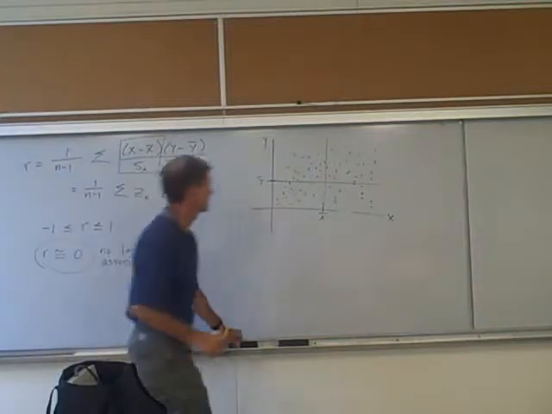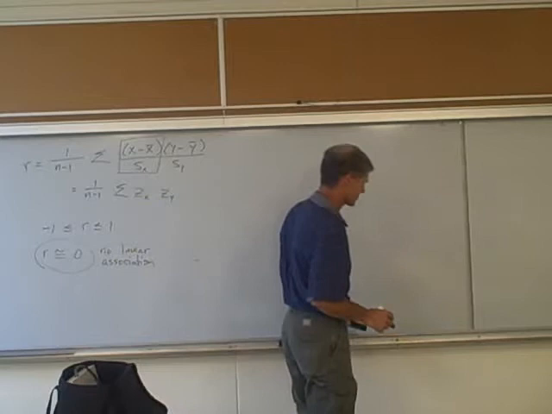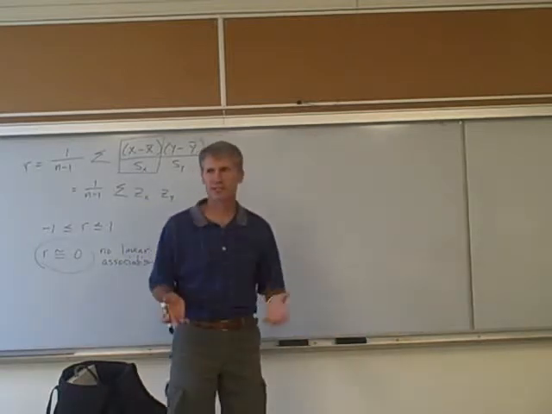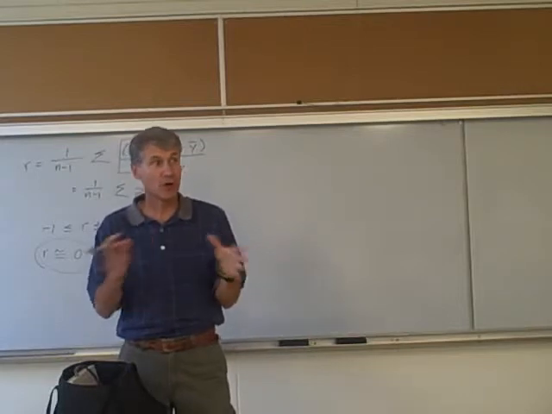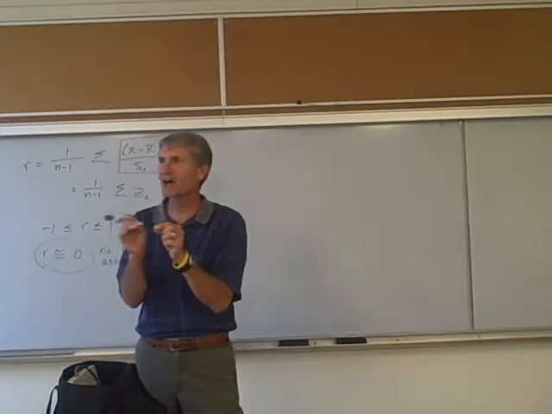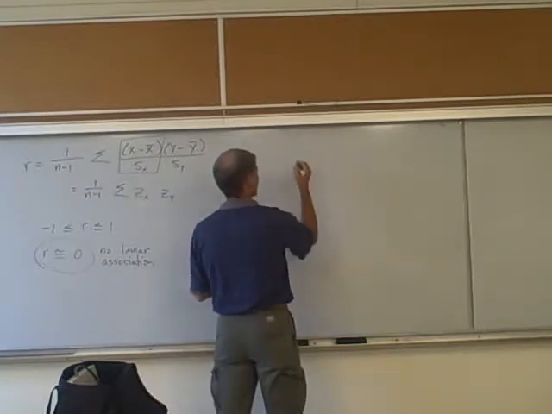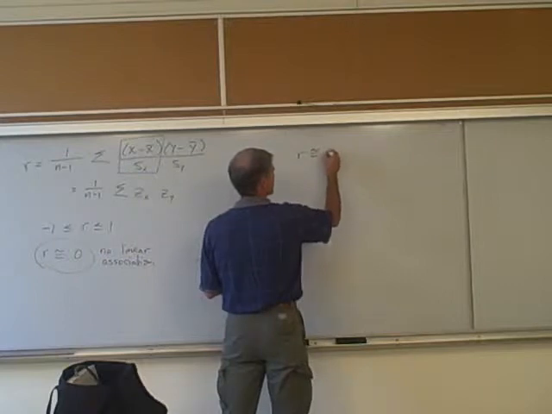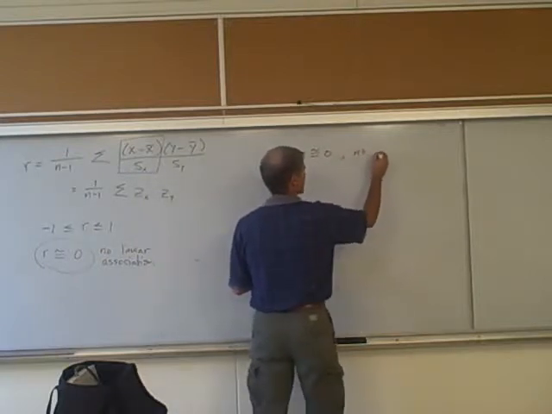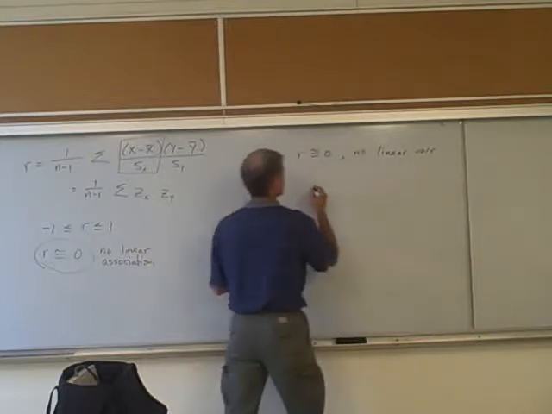Well, as a rule of thumb, the book doesn't really give anything like this, but I always get this question: how strong does it have to be before we call it strong correlation? What value? So I usually make up something off the cuff. If R is close to 0, no linear correlation.